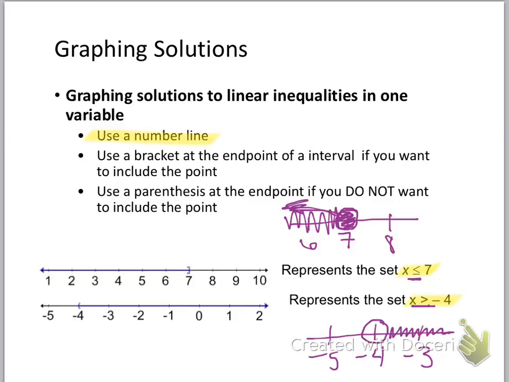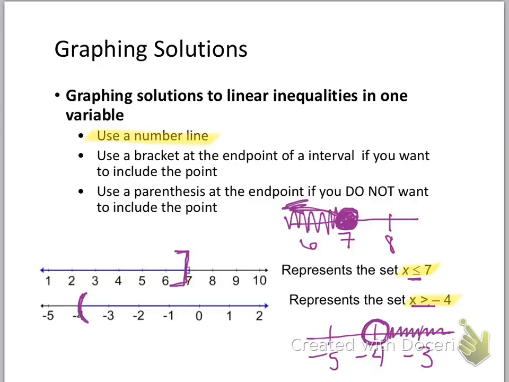Now, your My Math Lab uses parentheses and brackets for this information. So the only difference is instead of shading in a circle, they put a bracket. And instead of leaving an open circle, they put a parentheses.